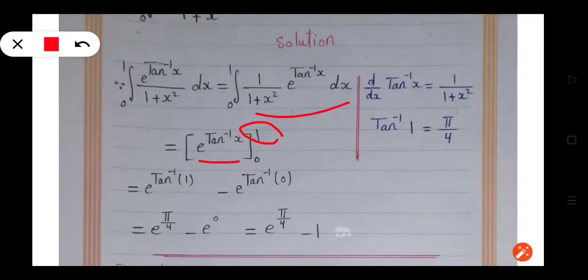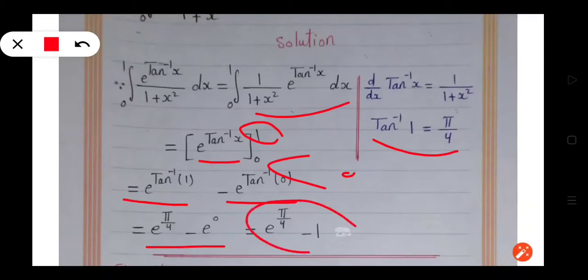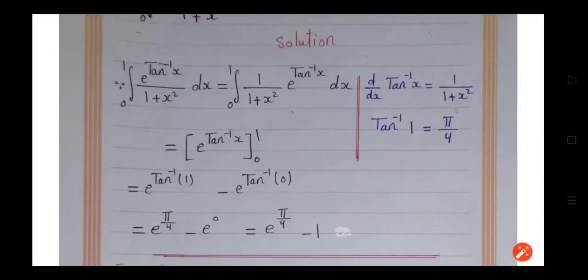At 1, that means e power tan inverse 1. At 0, that means e power tan inverse 0. Tan inverse 0 is 0, so e power 0. Tan inverse 1 is pi over 4. So the result will be e power pi over 4 minus 1.